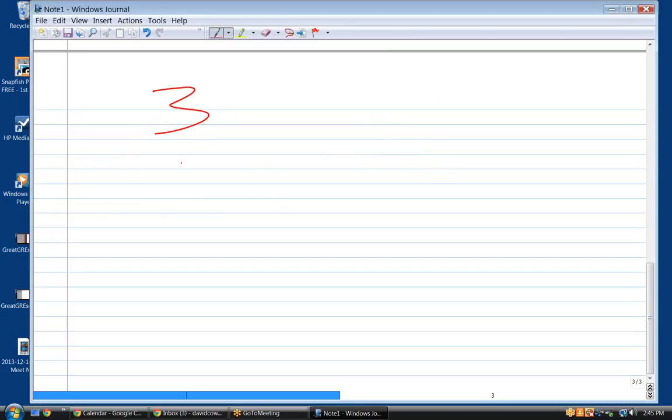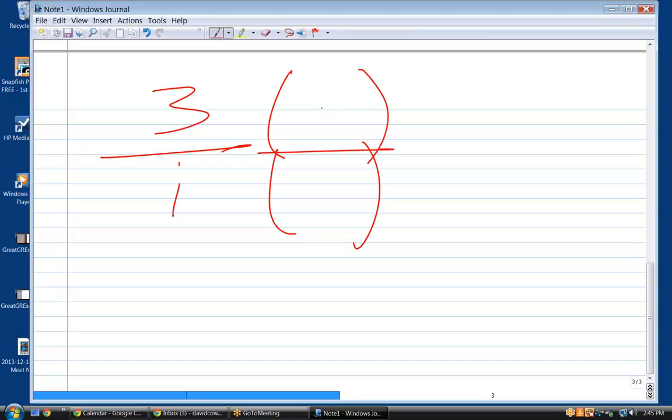Now, if I had something like this, I don't actually have to multiply by minus i over minus i. I really can get by with multiplying it by that, because the bottom turns into i squared, which is a real number, minus 1.